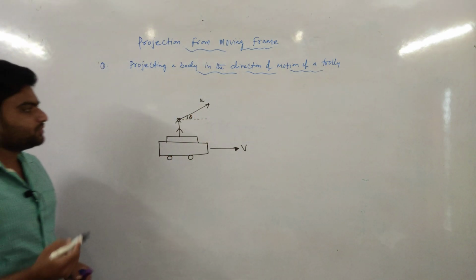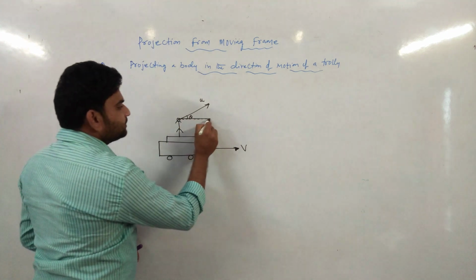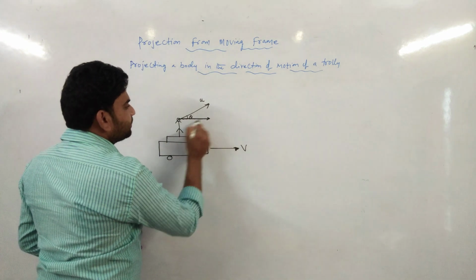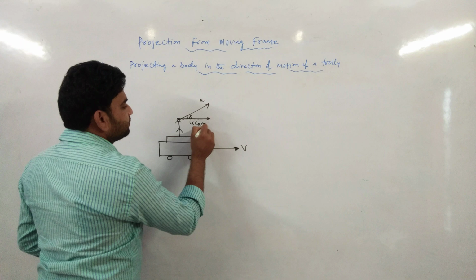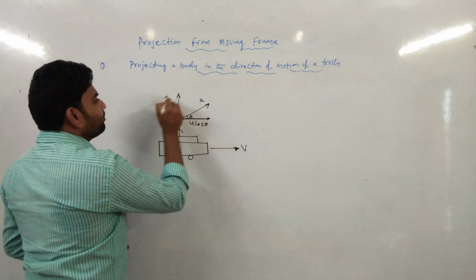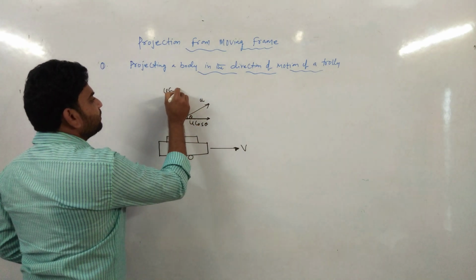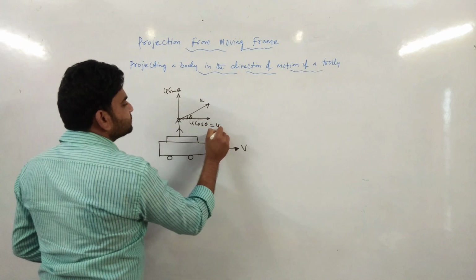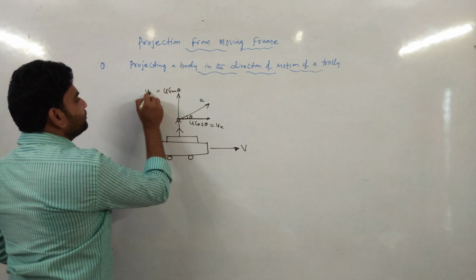So you already know from the resolution of vector concept, this component is my horizontal component and it becomes u cos theta, and this is my vertical component, it becomes u sin theta.